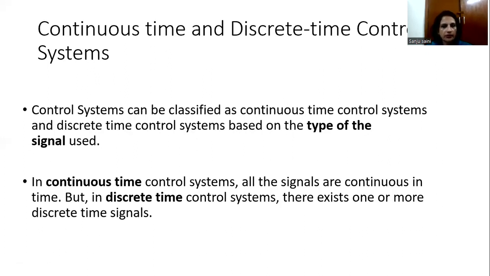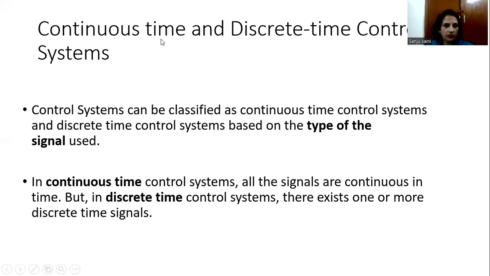So first classification of the control system is based on the type of the signal that we are using. So it can be a continuous time and the discrete time control system. So continuous time systems are those which are using the continuous signals at each and every stage.